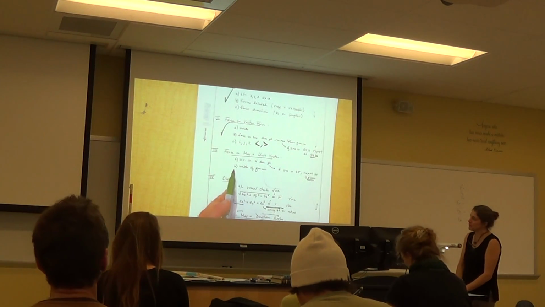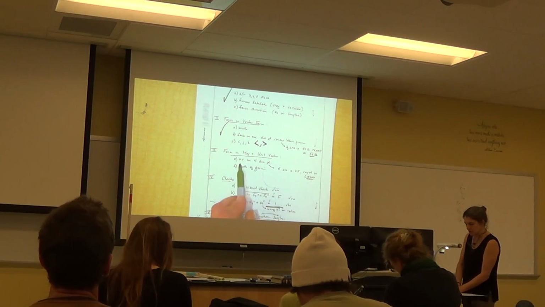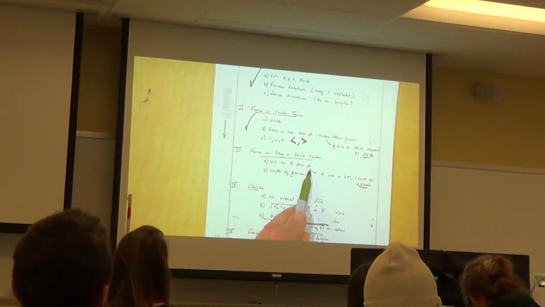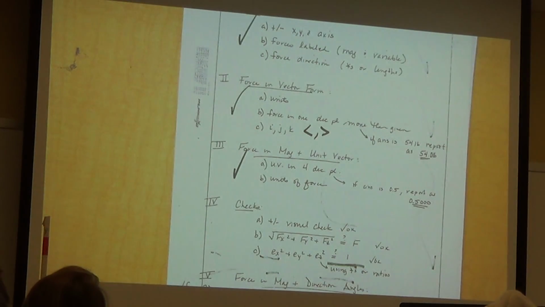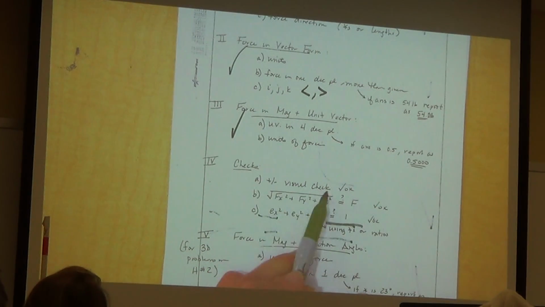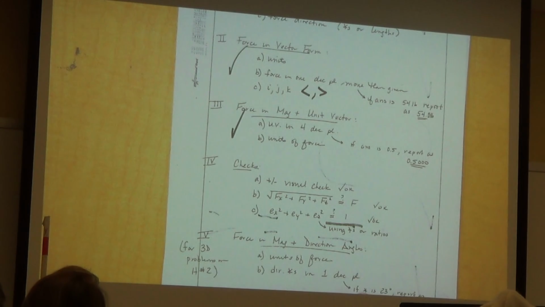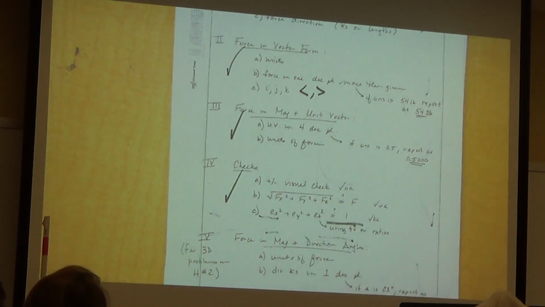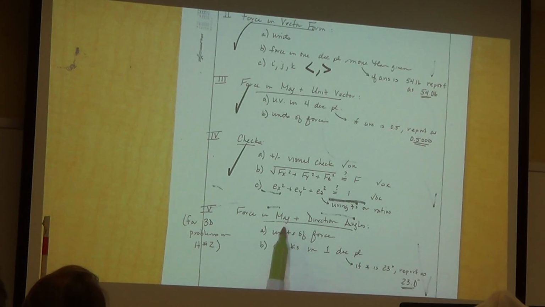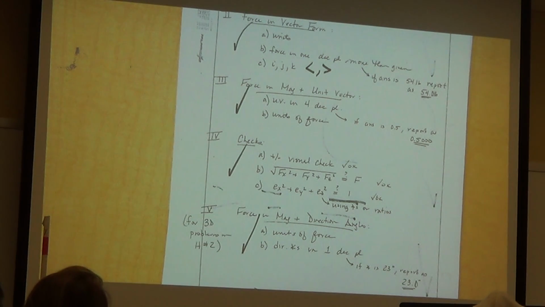If you represent a force in magnitude and unit vector, the unit vector is always 4 decimal places and always represent the units of the force. Checks: always do a positive and negative visual check, a force magnitude check, and a unit vector check. And when you represent your force in magnitude and direction angle, make sure you have units on your force, and make sure the direction angles are 1 decimal place.